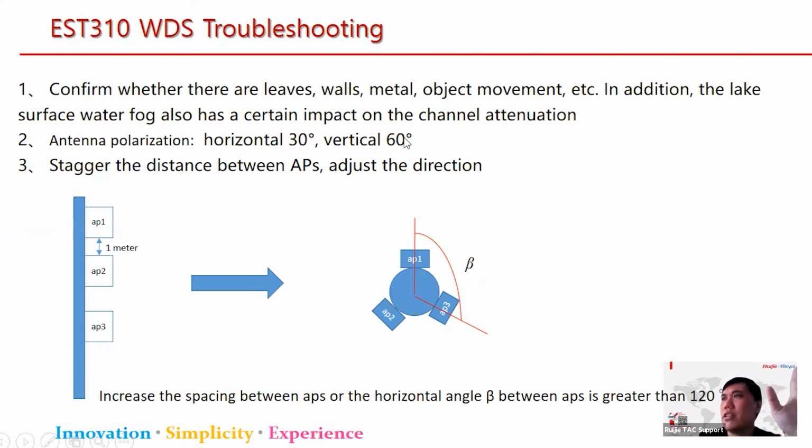You can go to the data sheet to check the antenna polarization and compare EST310 and 350. For 310, the maximum coverage is 1 km. Even 1 km plus is also acceptable, but Reyee always gives you the guaranteed distance. The guaranteed distance is 1 km. If you need more than 1 km, please go for EST350.